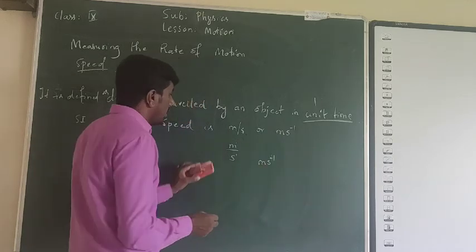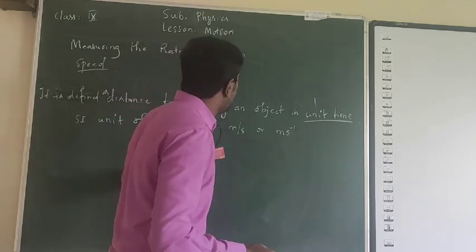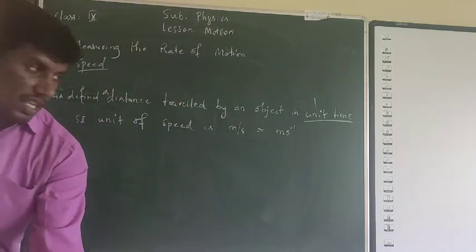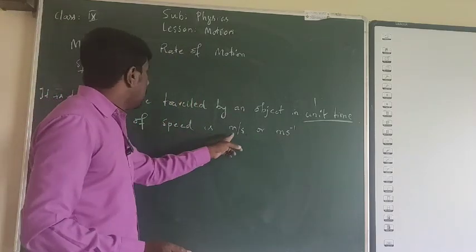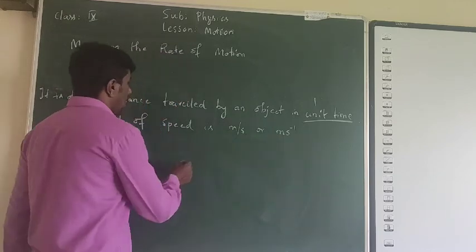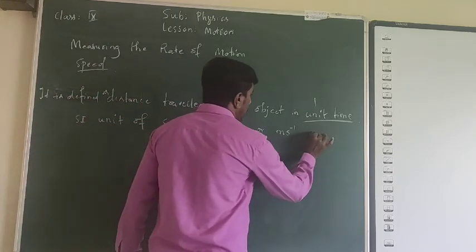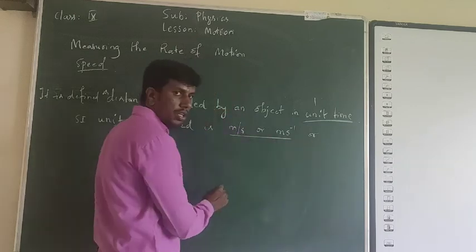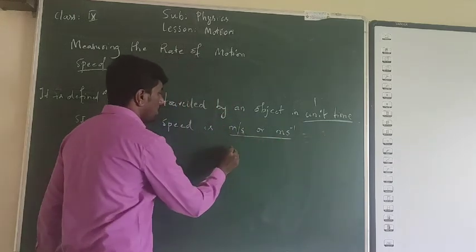So the SI unit will be either meter per second or written like this, meter second to the power of minus 1. This is one of the units.